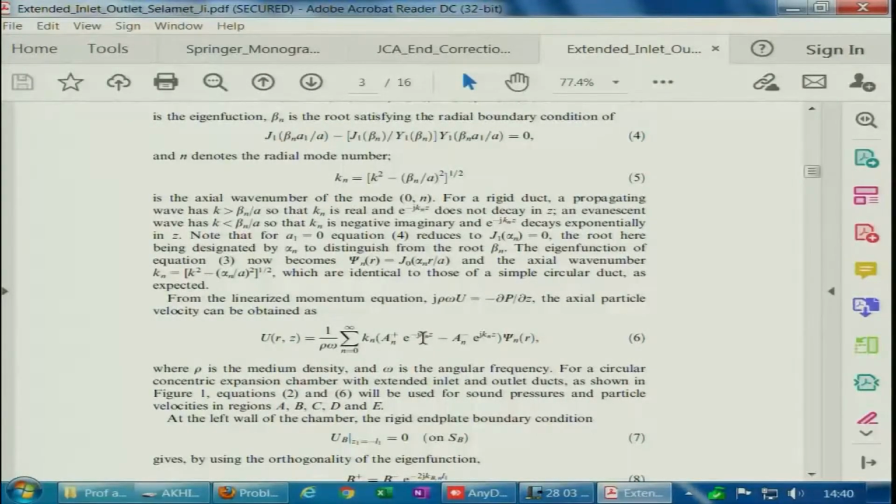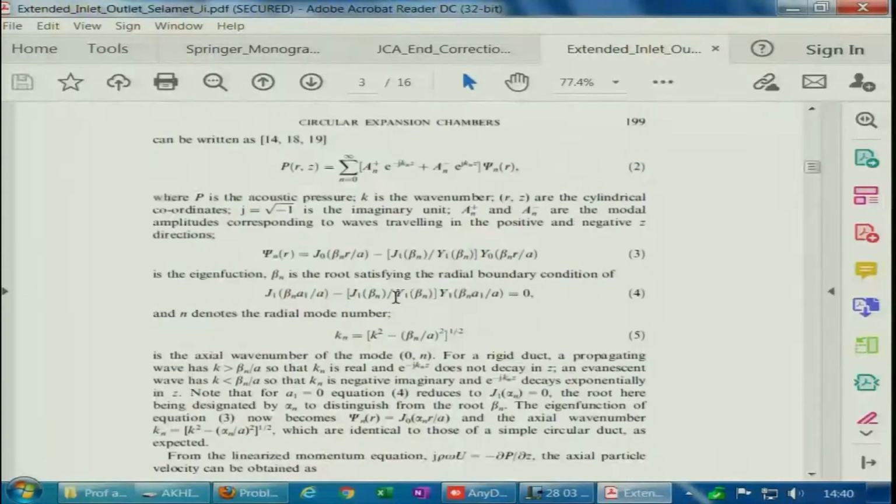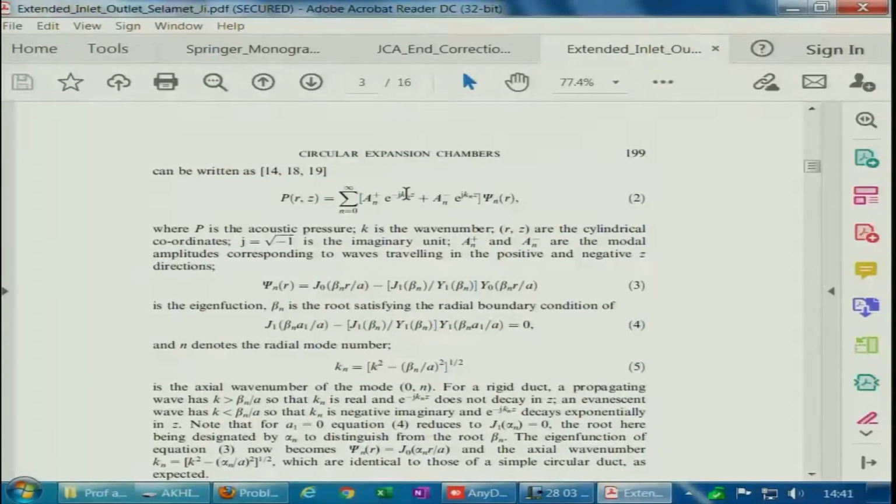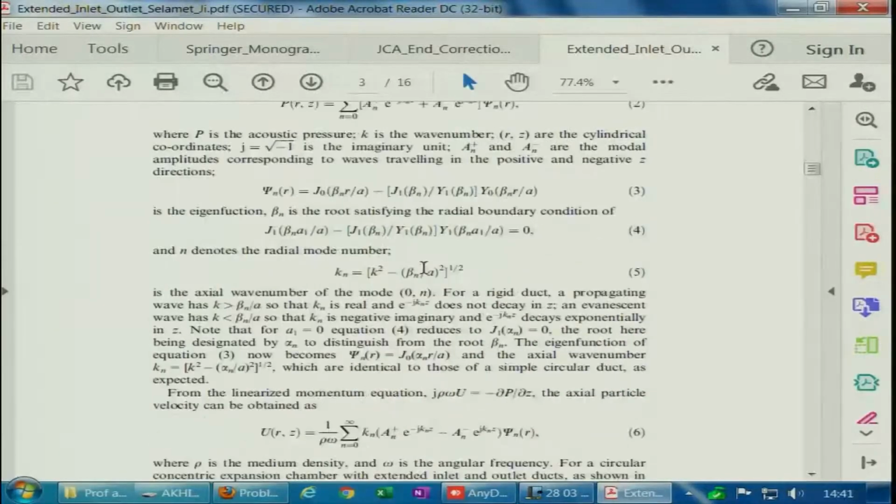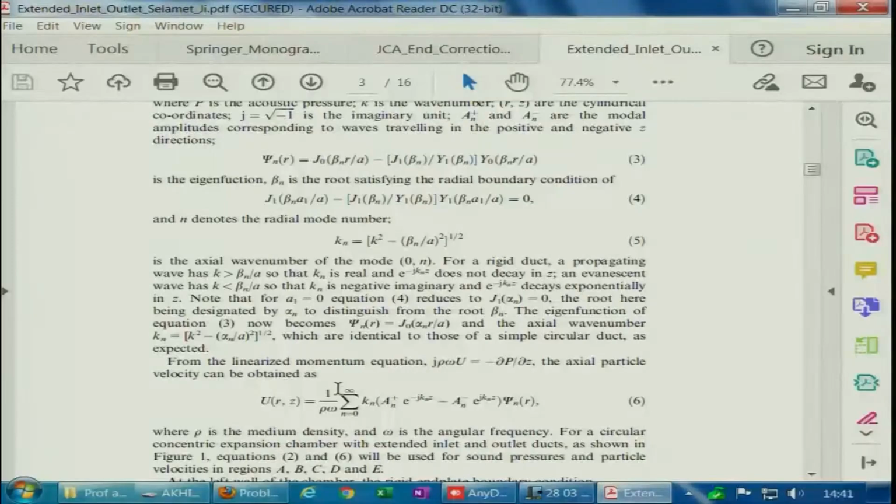The trick here is that you need to be careful with the signs. j rho omega can come down, and in the modal summation you have your minus j k_n z. So, minus j k_n you can take common, and that is why you will get a minus sign, and the minus will cancel here, and j will also be cancelling. So, you will get 1 by rho omega and k_n.